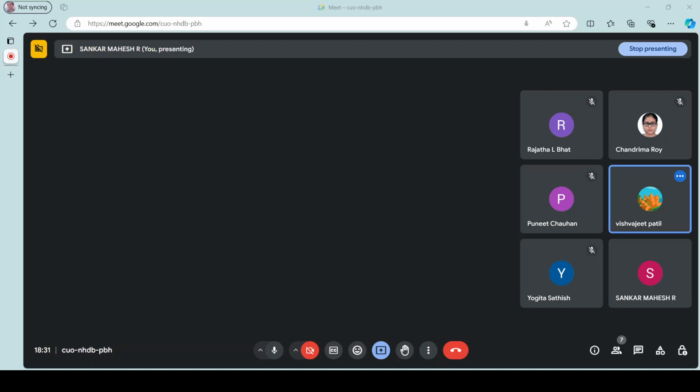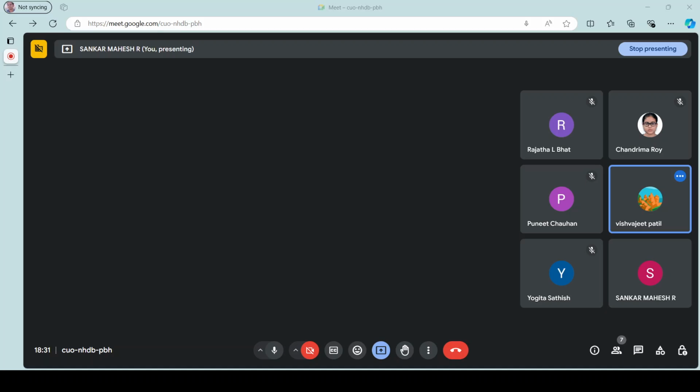The next question is, a protein was run under native conditions in a gel filtration column and was calculated to be 120 kilodalton in size. The molecular weight of the protein in SDS-PAGE was found to be 30 kilodalton. The oligomeric status of the protein is, and four different options are given here: monomer, trimer, tetramer, and dimer.